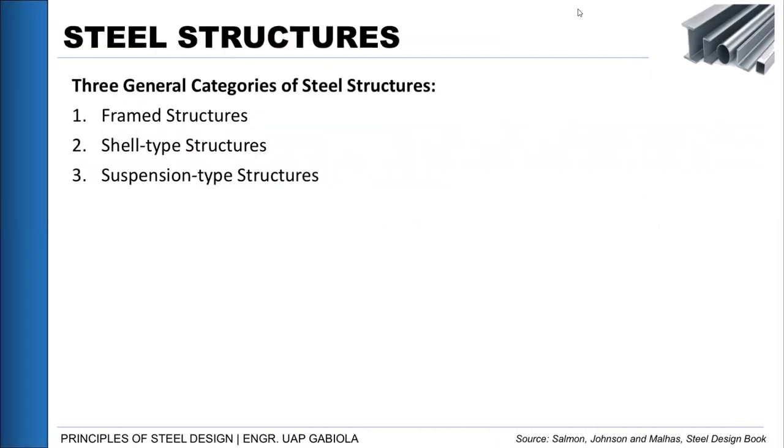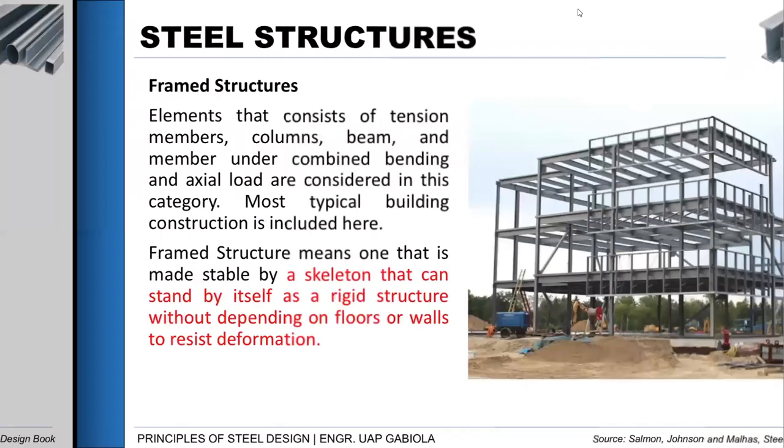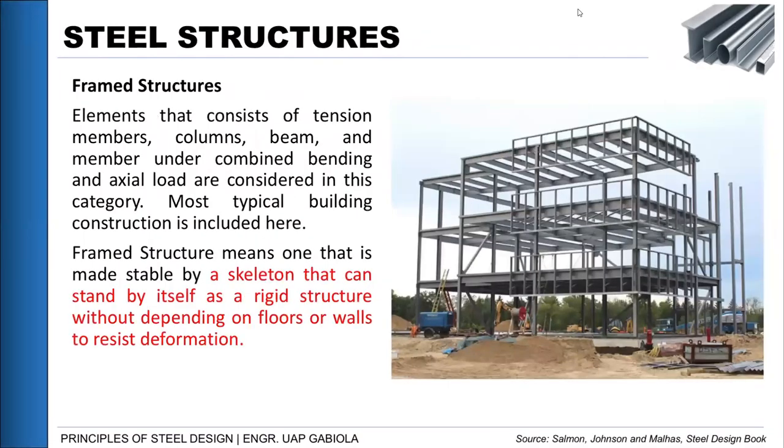Next, we have three general categories of steel structures: frame structures, shell type structures, and suspension type structures. For frame structures, we have elements such as tension members, columns, beams, and members under combined bending and axial load. This means that the main resisting elements are the beams and columns, with secondary beams.